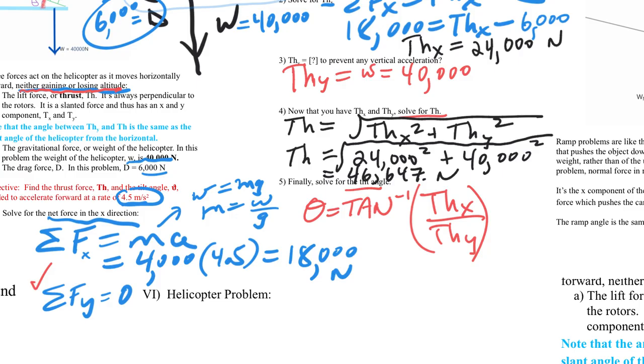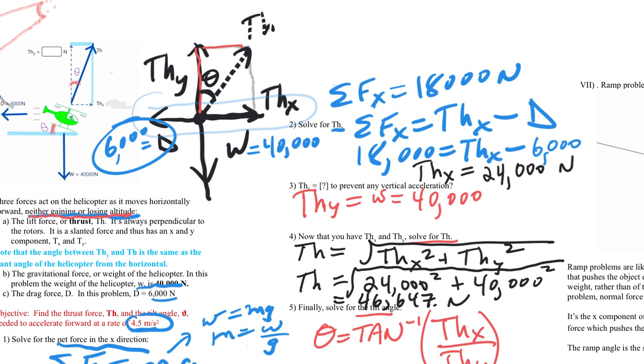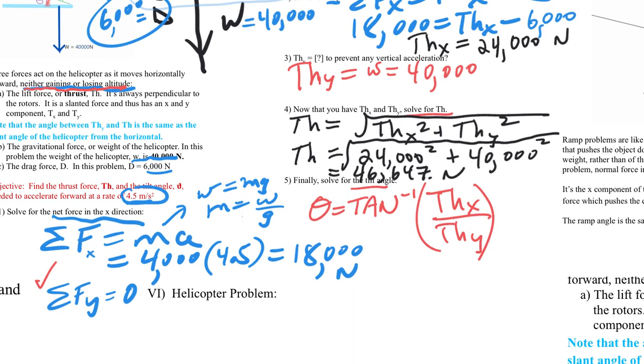Or just use trig, inverse tangent, and you can see the opposite and adjacent sides of this triangle right here. The opposite side is THX and the adjacent side is THY. And so that's why I had to do that.